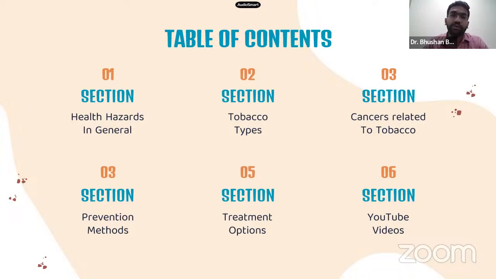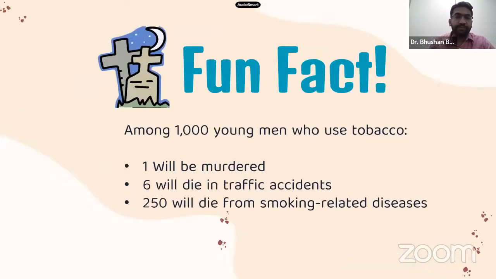Myself being an onco-surgeon or cancer specialist, I will specifically focus on the cancers related to tobacco. Then the prevention methods, how we can avoid tobacco and tobacco related hazards. Later on, we will talk about the treatment options for cancers occurring due to tobacco. And lastly, I will show some slides related to my YouTube channel for cancer related diseases. So one by one, let us start.